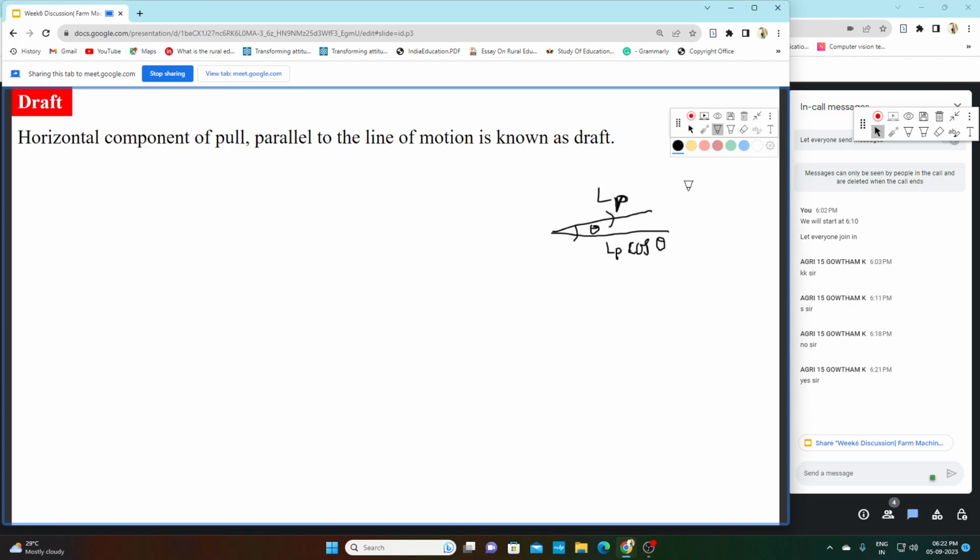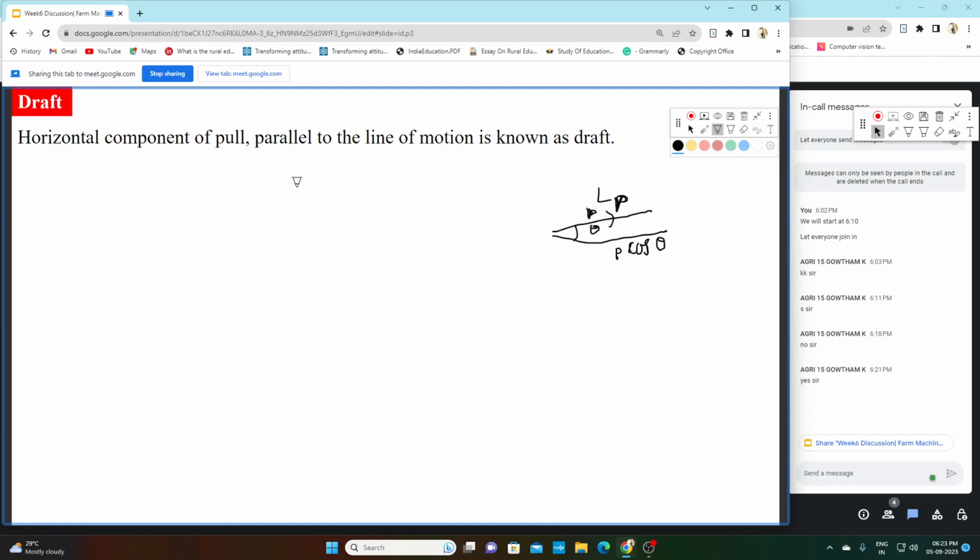LP is the line of pull, and P is the pull. If P is the pull and LP is the line of pull, then P cos theta is your draft.